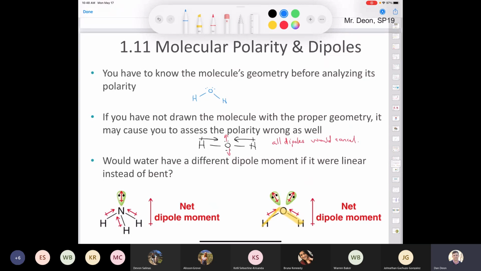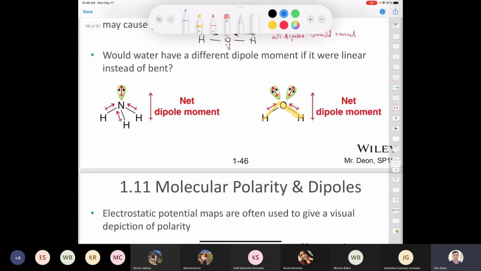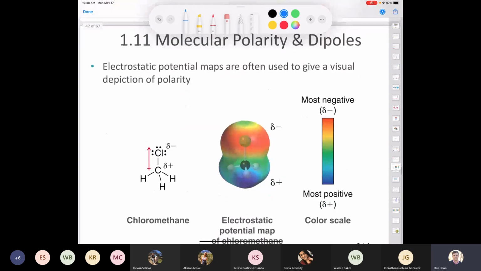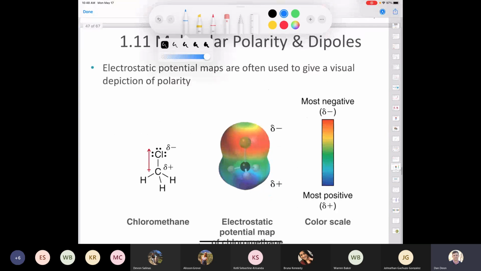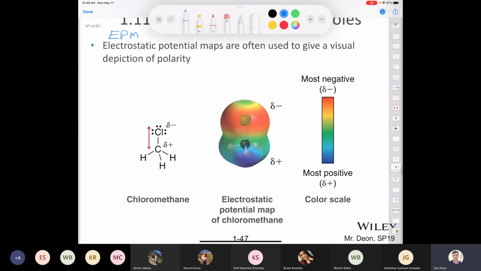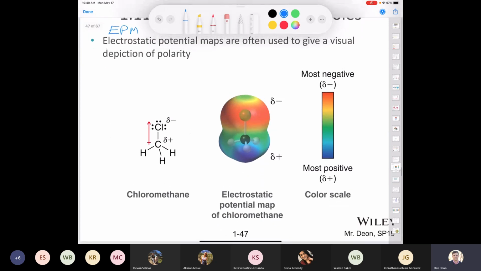All right, so molecular polarity and dipoles. Something that you'll see throughout our textbook are EPMs, or electrostatic potential maps, which we use to give a visual depiction of polarity. Organic chemists will very rarely use electrostatic potential maps when they're talking to each other, but in a textbook for students who are just learning the subject, I think they're really great.